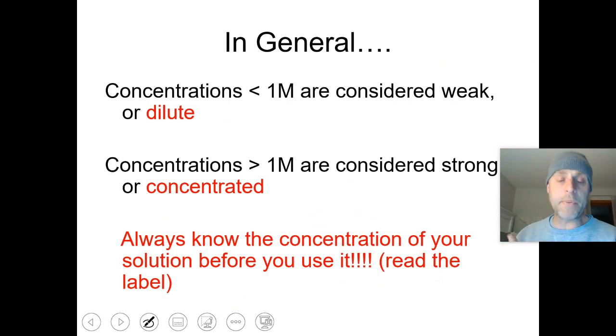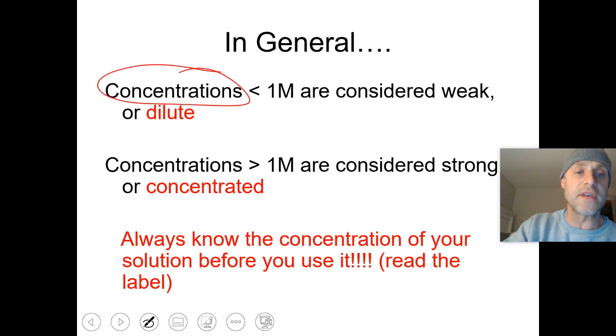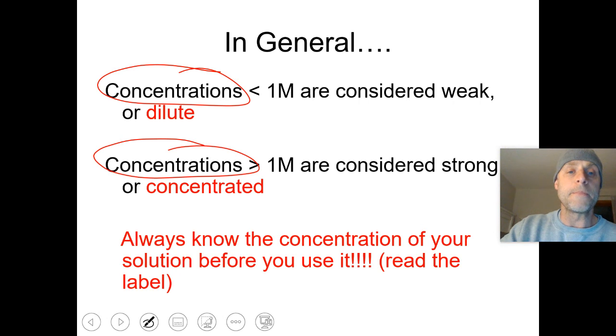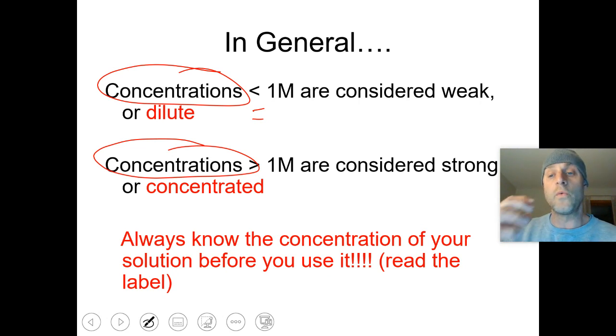So the big picture is molarity helps us understand concentration. By the way, if the concentration is less than 1 molarity, we consider it weak or dilute. If the concentration is greater than 1 molarity, we consider that strong or concentrated.